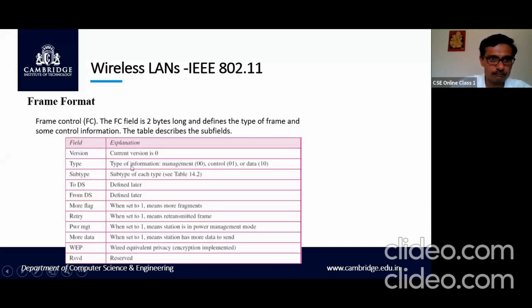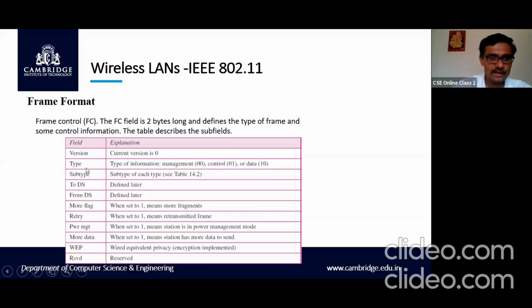And type, it is the type of information. As I said earlier, there are 3 types of frames here: either the data frame, control frame, or management frame. The data frame will have the payload received from the upper layers, whereas the other two will not have any payload received from the upper layer. They are frames created there itself without the data part or frame body.